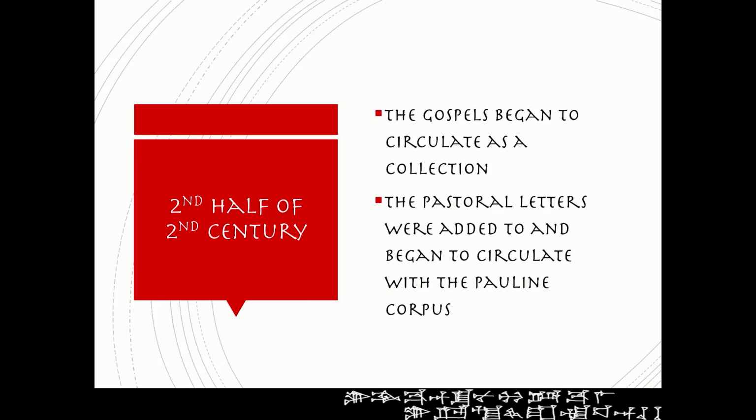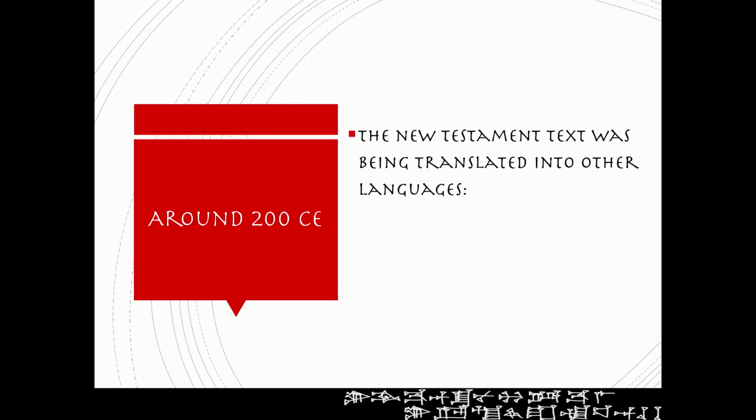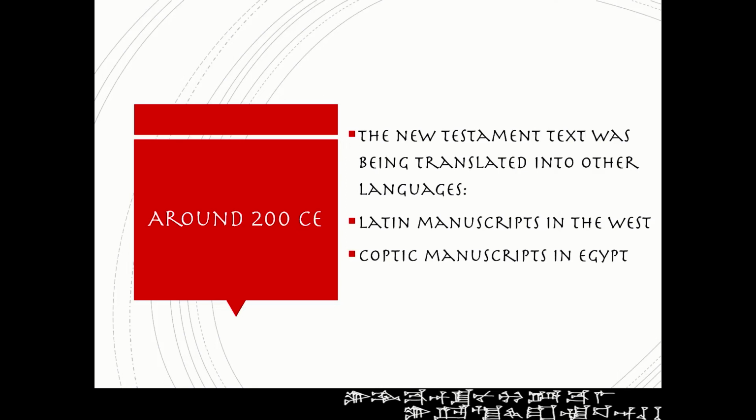But by the year 200, or around there, the New Testament began to be commonly translated into other languages. In the West, we have Latin manuscripts. In Egypt, we have manuscripts in Coptic. And in Syria, we have manuscripts in Syriac.